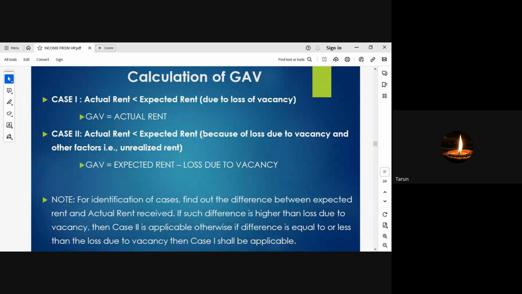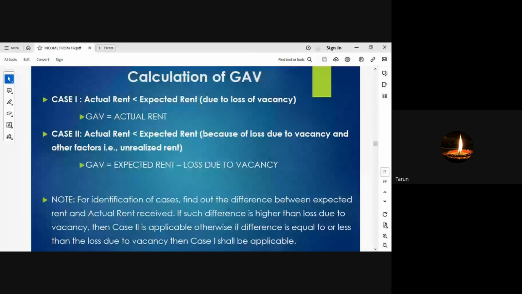Second case: if the actual rent is less than the expected rent because of the loss due to vacancy and other factors, that is, unrealized rent, the rent which has not been recovered during that period, and the loss due to the vacant period, then the gross annual value is equal to the expected rent minus the loss due to the vacancy period.